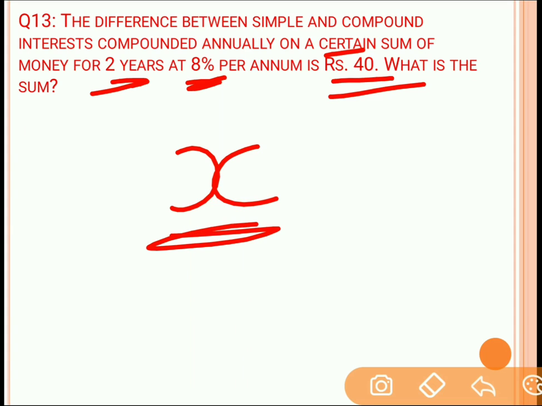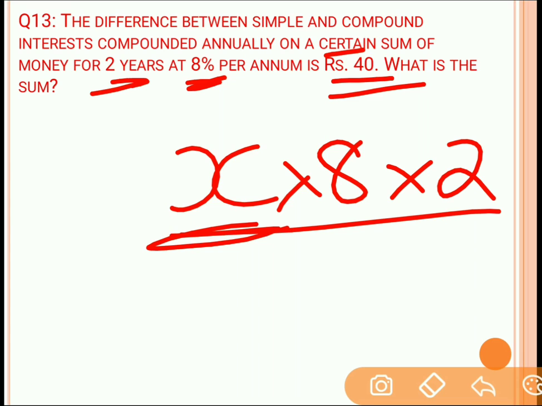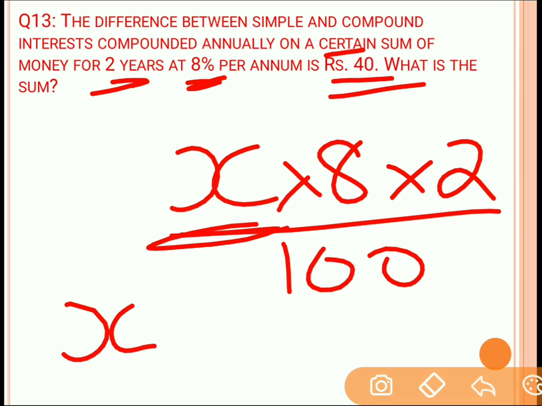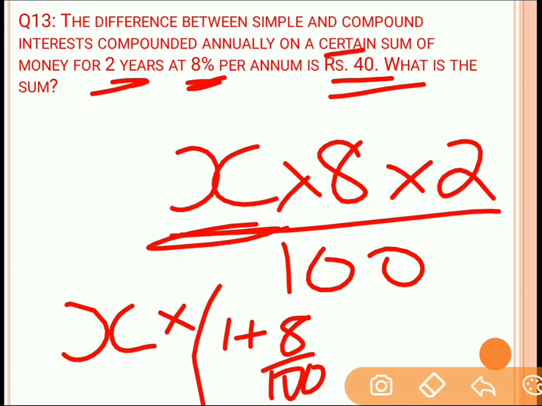So when this x rupees is given for 2 years at 8% per annum at simple interest, the interest which you will earn is principal into R into T by 100. So this is the simple interest. Now if the sum x is given at compound interest, then the amount will be equal to P, that is x, into 1 plus R by 100, that is 8 by 100, raised to n, which is 2.